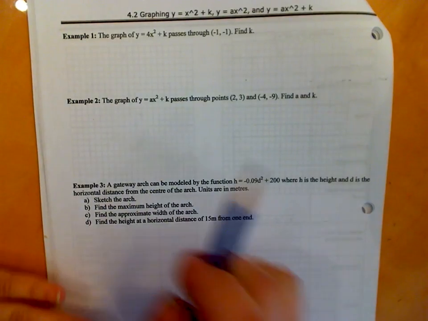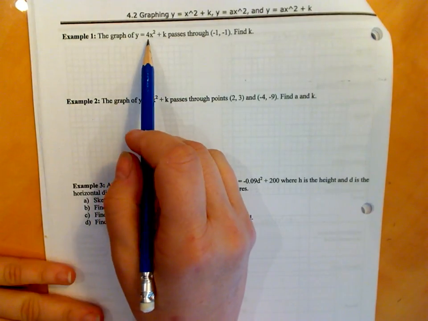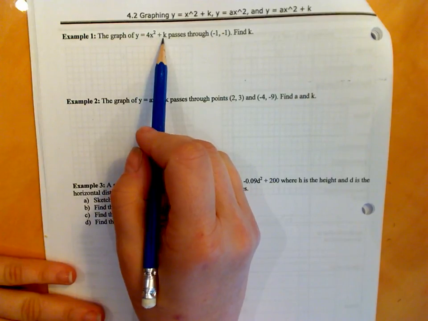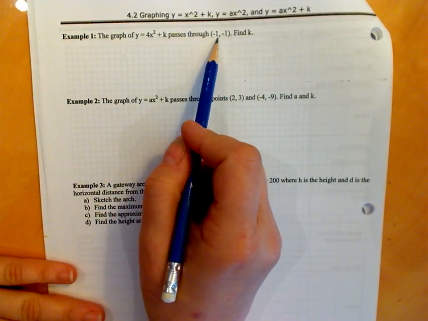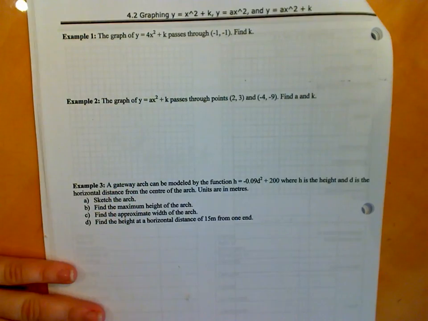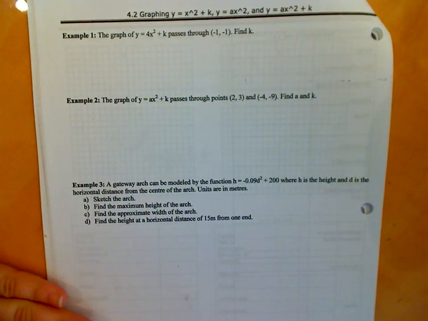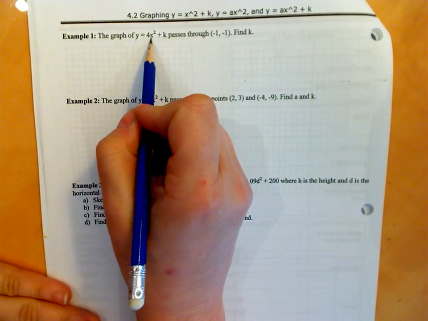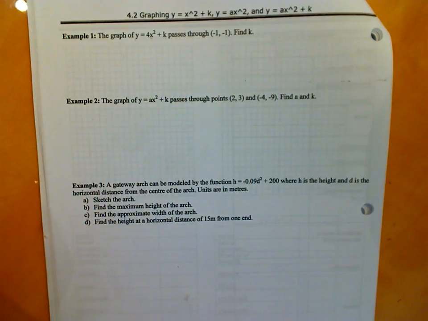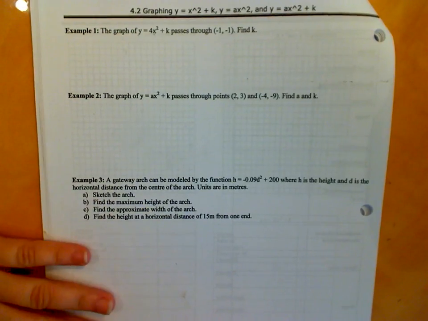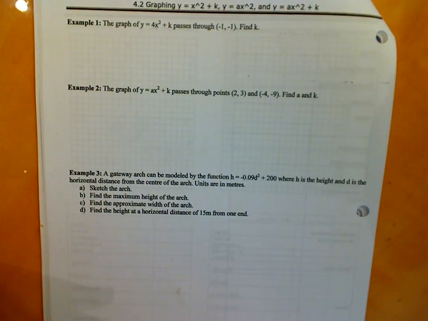Okay, so the graph of y equals 4x squared plus something passes through the point -1, -1. Find the something. Here's the thing. We know that if we have 3 unknowns, and they tell us what 2 of them are, we can plug in and solve for the third.